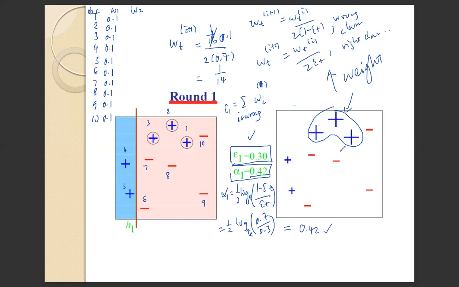The other one is 0.1 over 2 times 0.3. So that's 1/6. Okay. So the ones that are rightly classified will receive the weight of 1/6. The one that's wrongly classified will receive the weight of 1/14. Okay. So 1/14 will go to these cases.